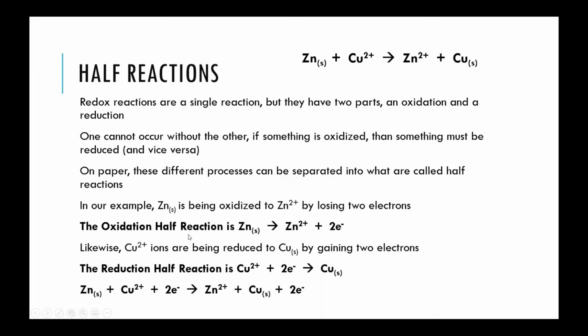In the half reactions, electrons are leaving the zinc, going from zinc metal to zinc 2+, and electrons are being gained by the copper ion, going from copper ion to copper metal. In these half reactions, there is that flow of electrons.